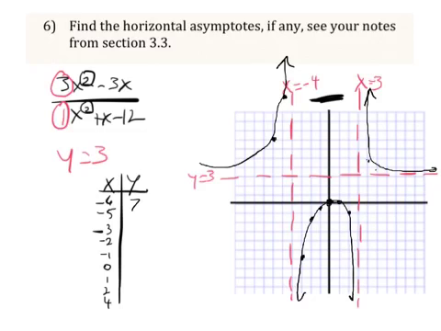At +4, we were at 4.5. Let me try that again. 4, we're at 4.5. 2, we were at -1. 1, we were at 0. 0, -0.5, sorry. -1.8.